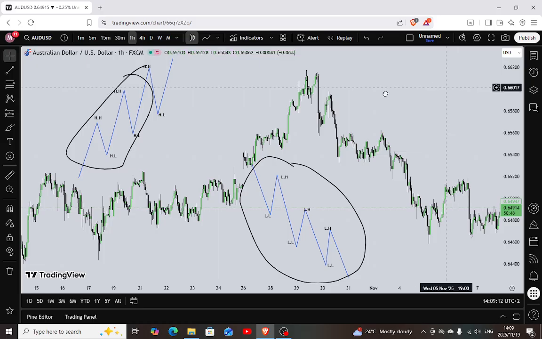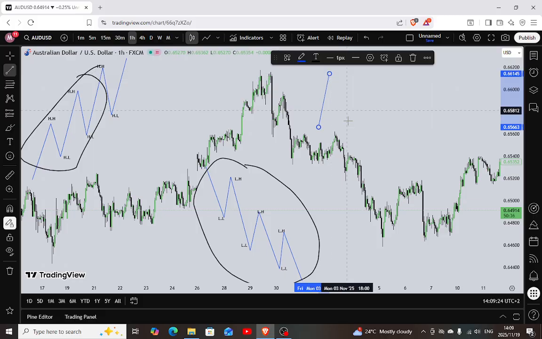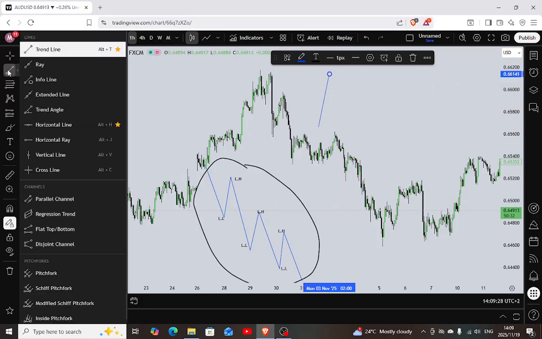And then the last and final market direction that we have is our range, our consolidation range. So pretty much the market is doing this.